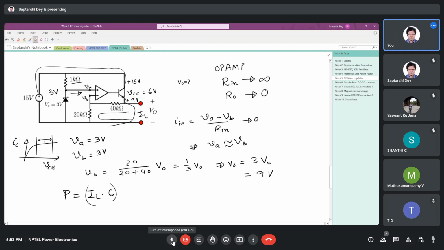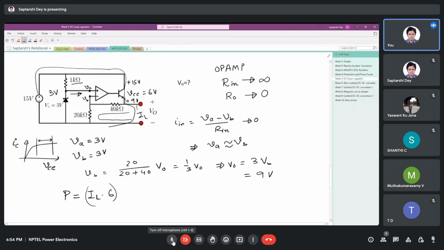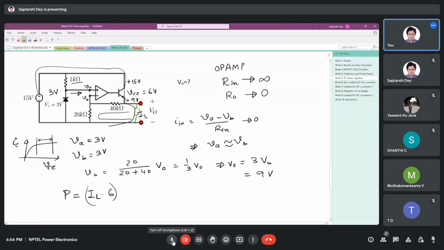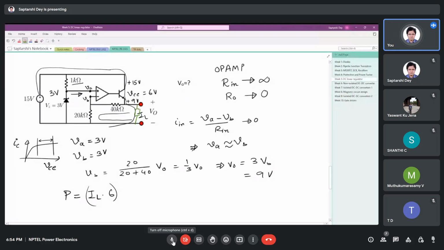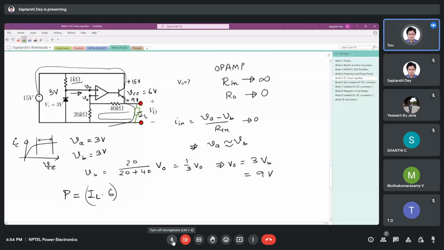Now let us see what happens if the load increases. If you suddenly reduce the load resistance, that is, you are increasing the load, the current remains the same, instantly it cannot change.